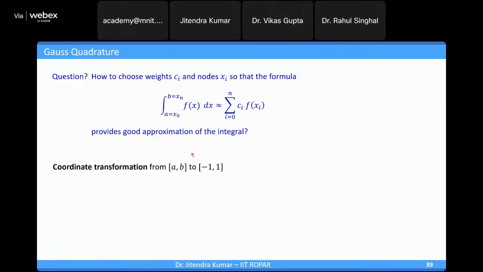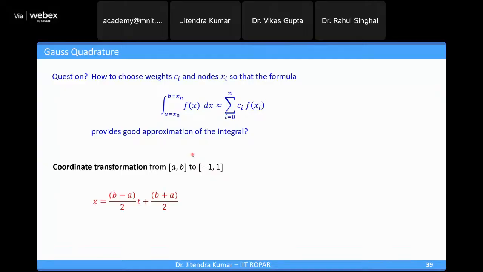The first idea here, don't think it's too complicated. It's very simple. We want to first convert our interval a to b into -1 to 1, because once our integral is from -1 to 1, then we will discuss what are the best points to be picked in -1 to 1. Given an integral, you can of course do this transformation. It's not difficult.